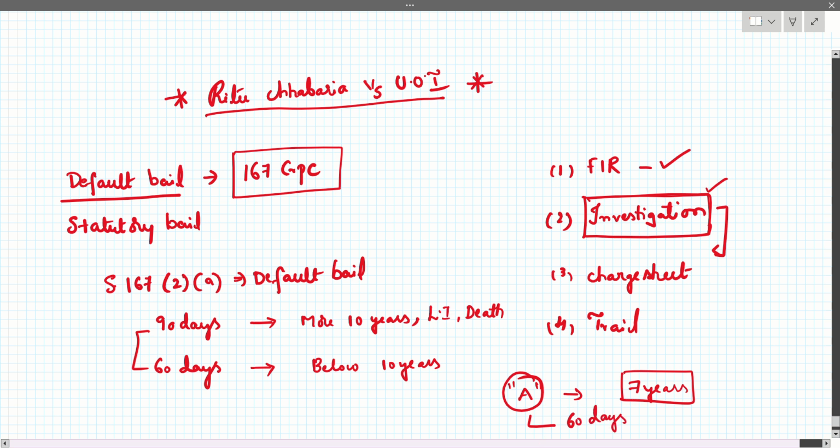So during investigation by a police officer, the magistrate can authorize custody of the accused up to 90 days if the punishment for the offense is more than 10 years, and 60 days if the punishment is below 10 years.